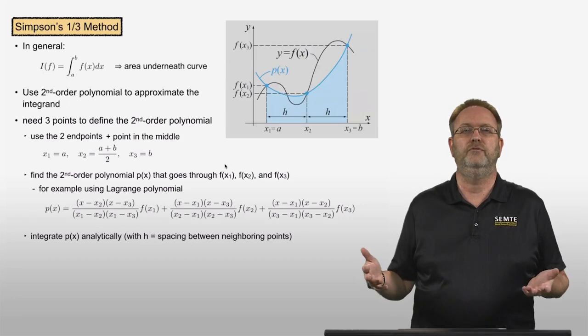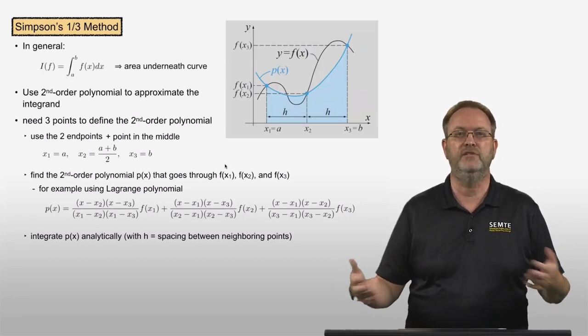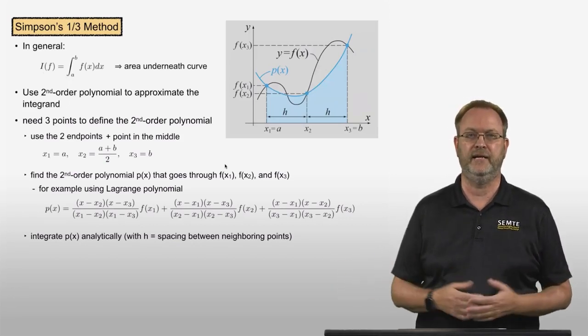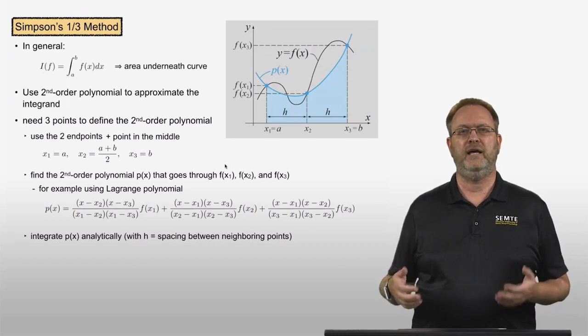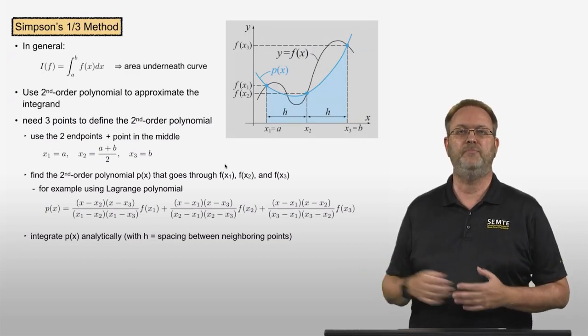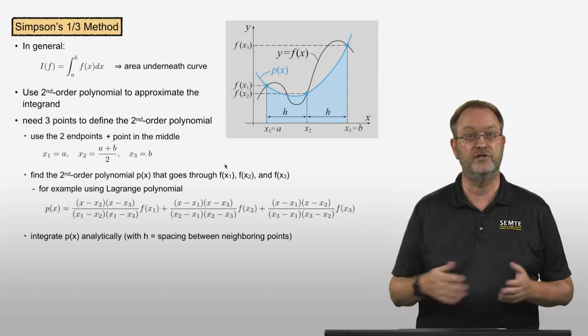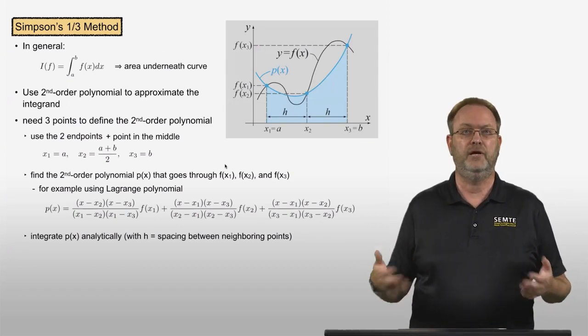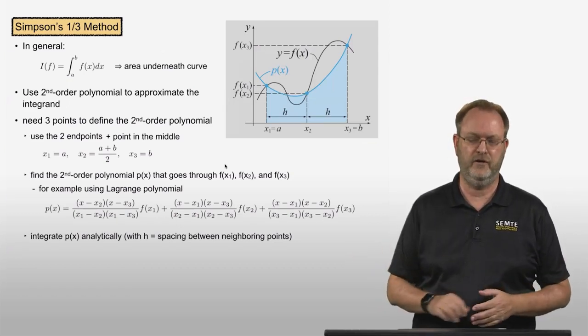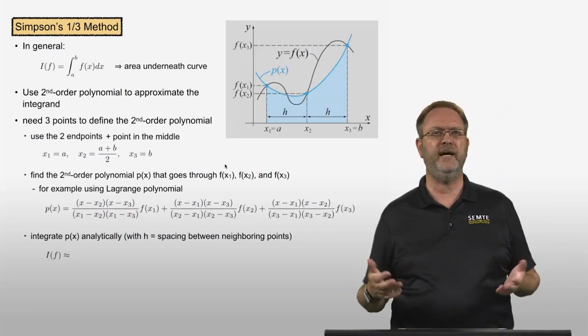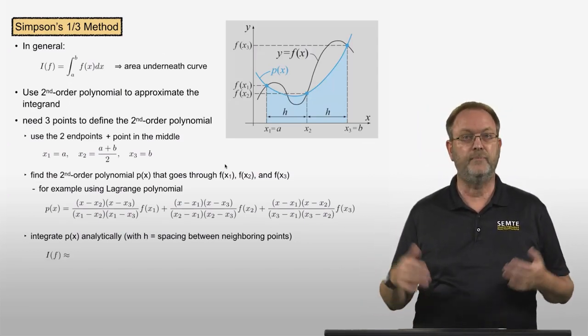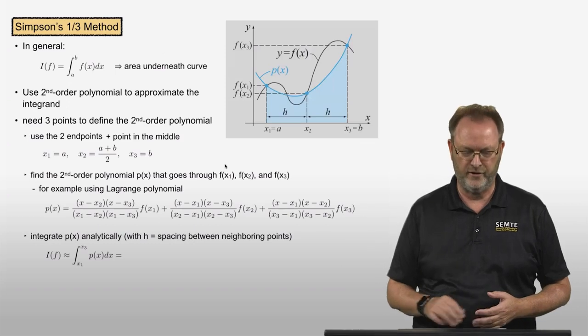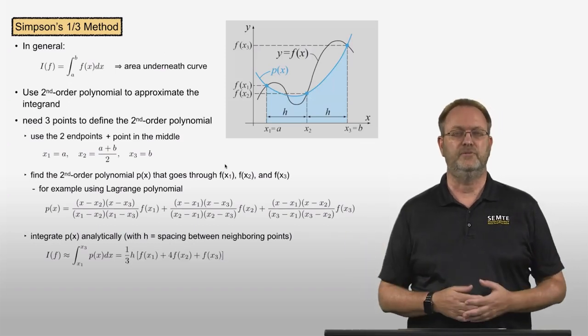And now all we have to do is to integrate this polynomial analytically. And if we use h as the constant spacing between neighboring points, which is guaranteed in this case because the x2 point is in the middle of the integral, we will find that the approximation to the area underneath the curve is the integral of this polynomial.